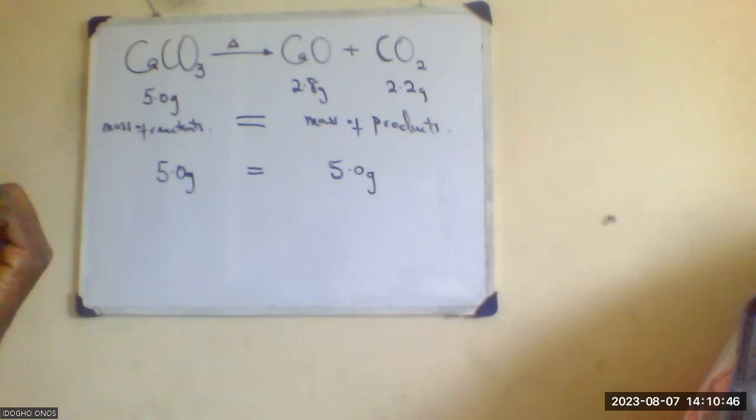In an experiment, 0.2430 gram of magnesium on burning with oxygen yielded 0.4030 gram of magnesium oxide. Full stop.